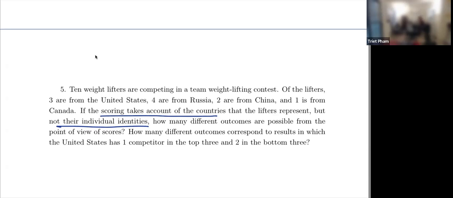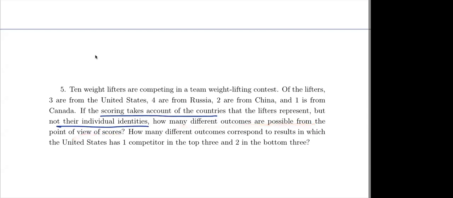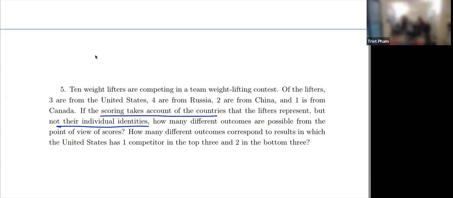Okay. So having said that, what would the answer be for the first question? How many different outcomes are possible?